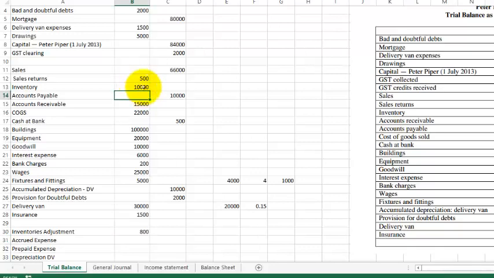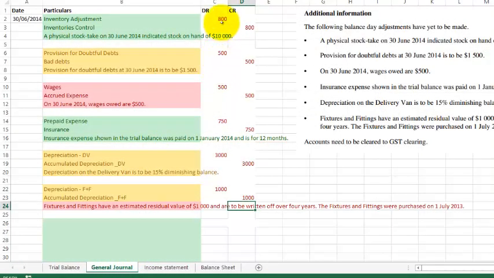So in this instance I had to take away, and now I put it on. So I've done both of those. So what I'm going to do, this is me ticking it, and that's what you should do as well. Every time you post from the general journal to the trial balance like this, you should just tick it.